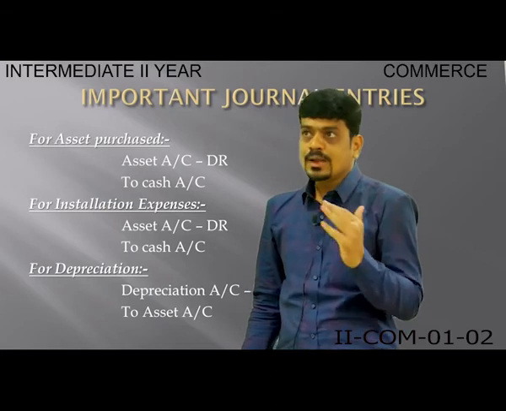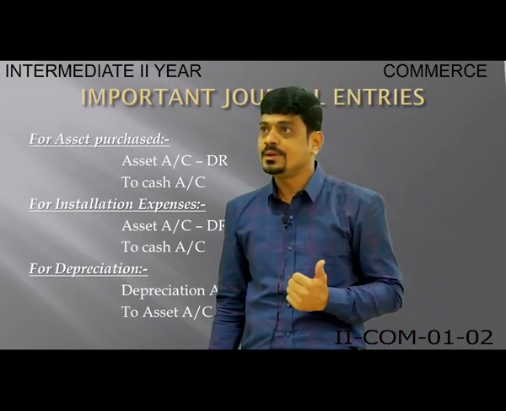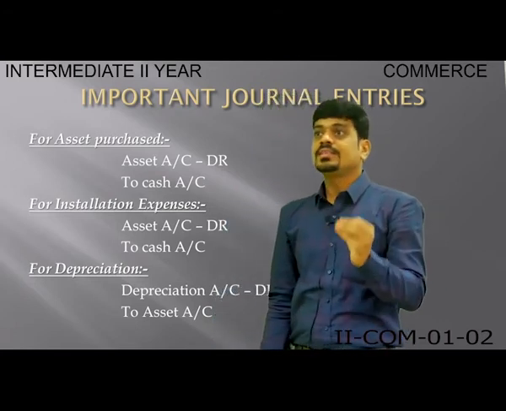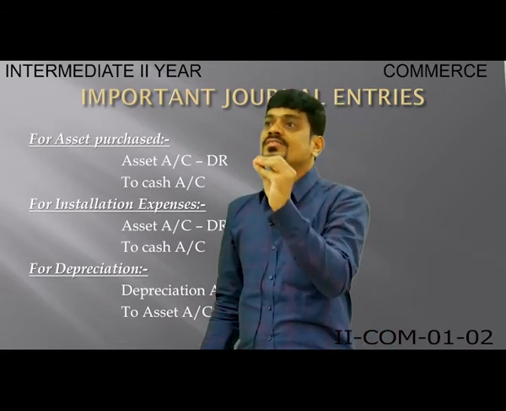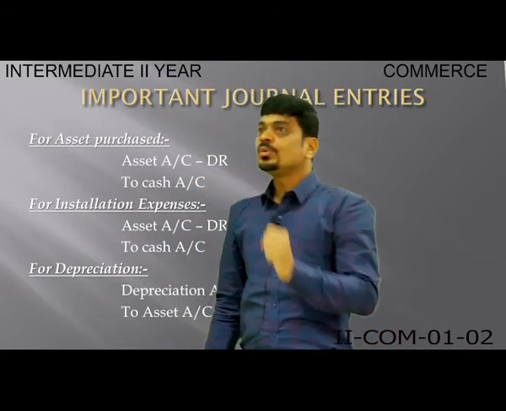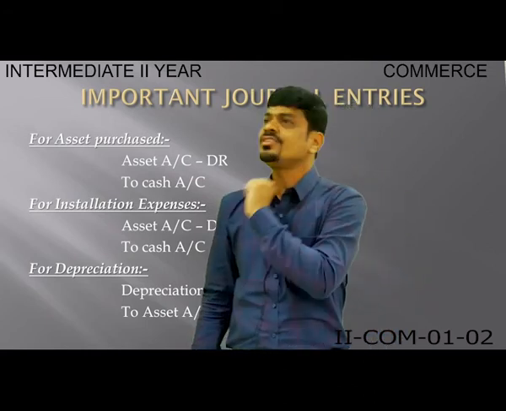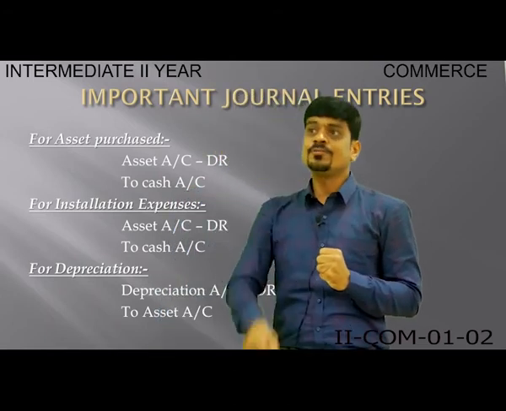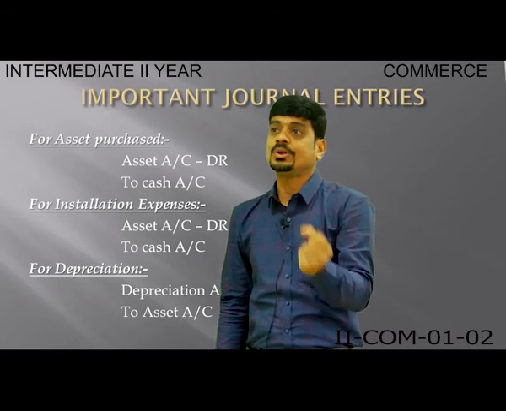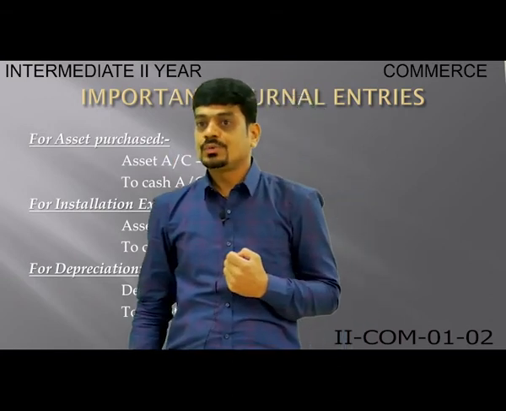Sometimes it's not compulsory, but you may have to incur additional expenses like installation expense or freight. If you incur the additional expenses, you have to pass the journal entry. Now a doubt comes in the mind of the student: sir, I have incurred installation expense. Expense comes under nominal account, and the journal entry for nominal account is expense account debit to cash account. But how come you are writing asset account debit to cash account? Here needs the clarification.